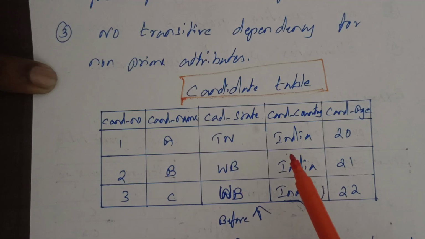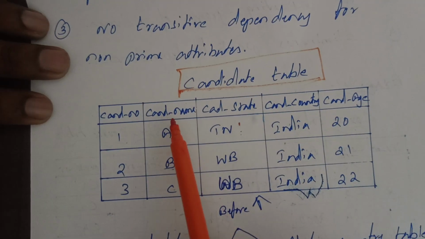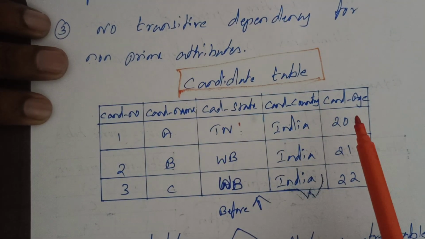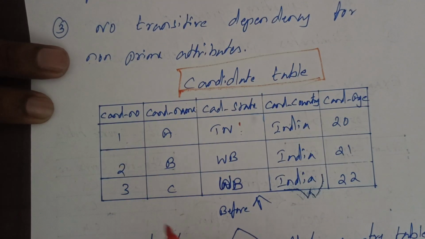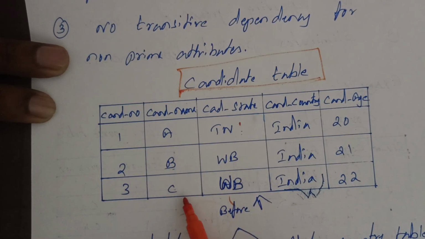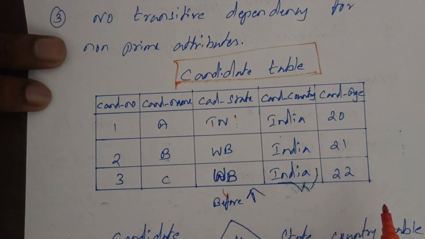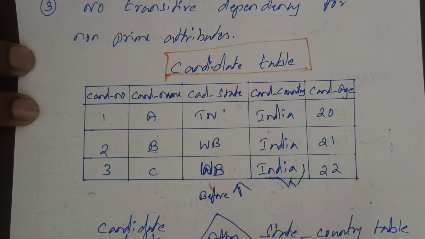Candidate country can be the same, so it is not dependent on number; it is actually dependent on state, okay? So here more than one column is dependent on a non-prime attribute, right? This is a non-prime attribute, this is a non-prime attribute, and this is also a non-prime attribute.